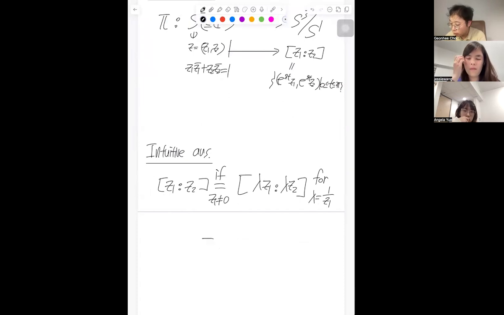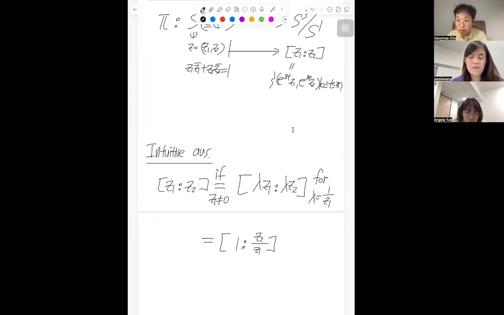Then what's the first component? One. What's the second component? Z2 over Z1. Is that okay with you, if Z1 is non-zero?